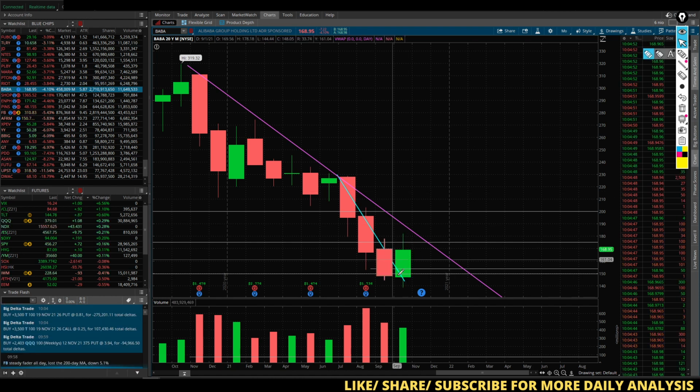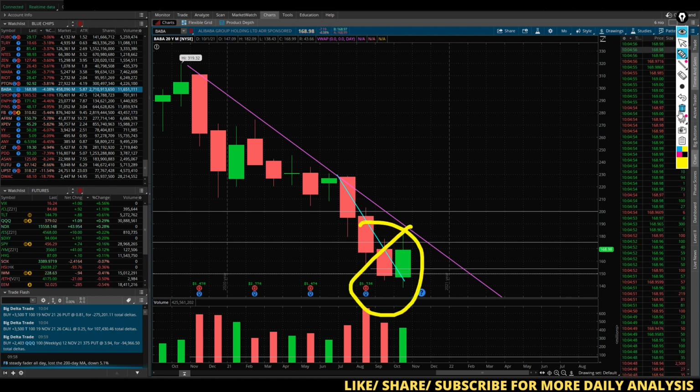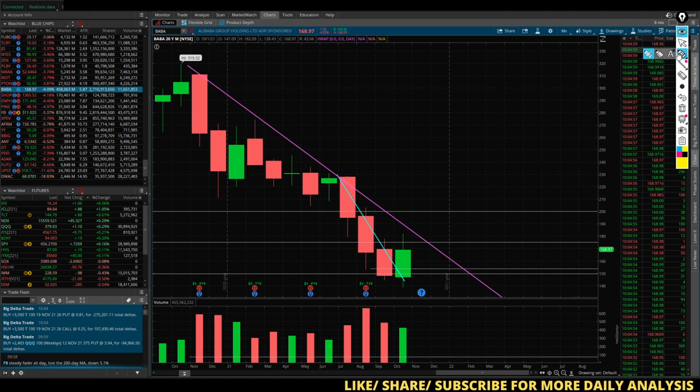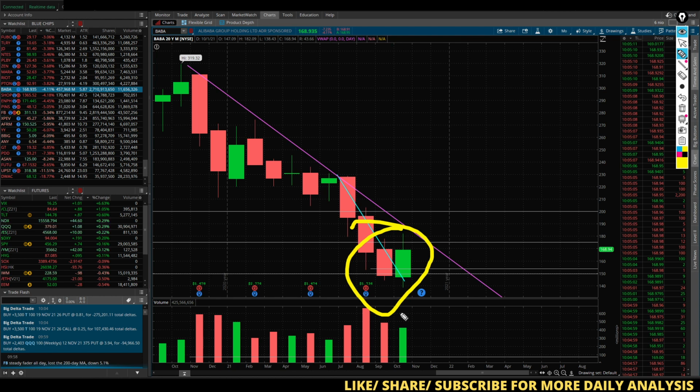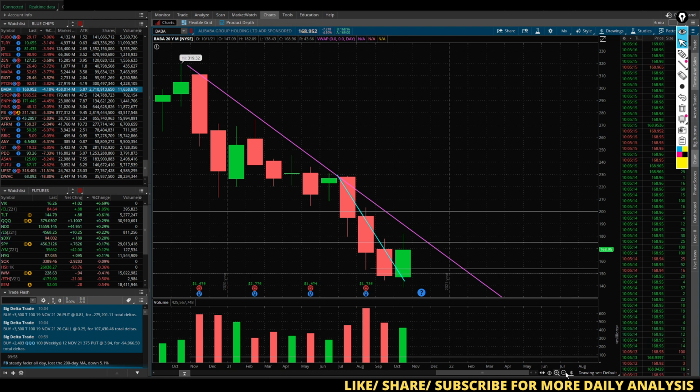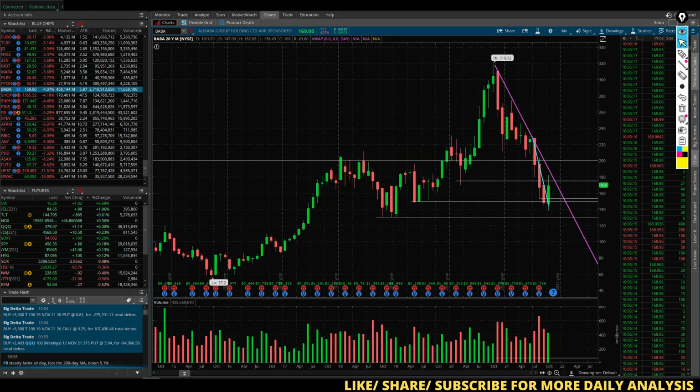But if you switch to a monthly chart, the picture is different. If this October stock closes above 170, maybe near these 175 levels, then that's a bullish formation on a monthly. So it depends what time frame you're looking at, and that's what I'm looking at for Alibaba stock.